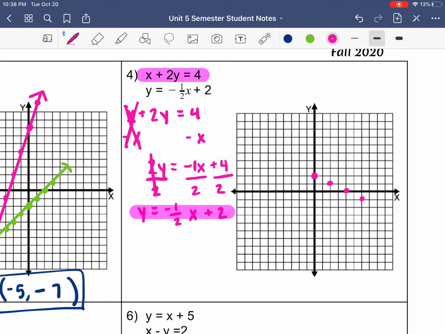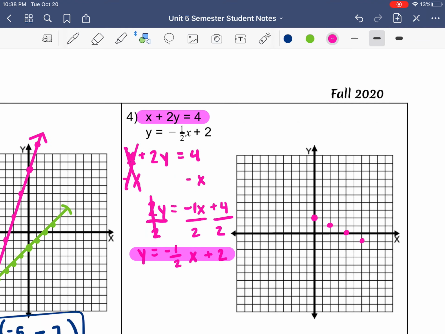Now, if you're observant, you're probably already noticing that the other line is exactly the same. So check that out. We've got in this green line, -1/2 x plus 2. So that line is literally going to look exactly the same.